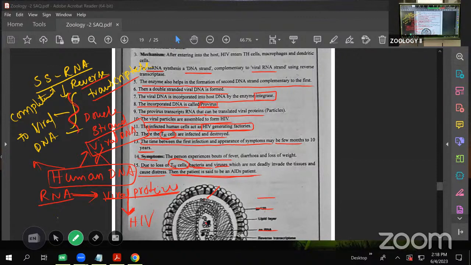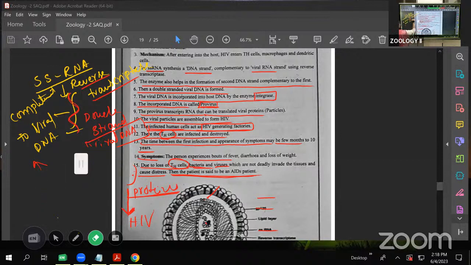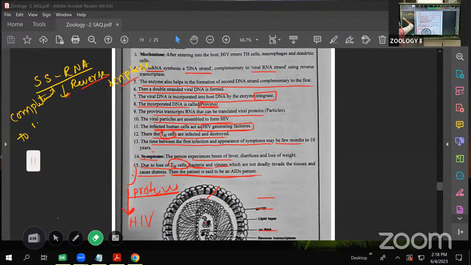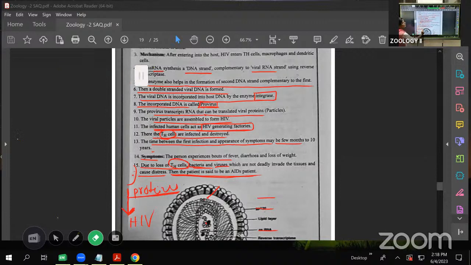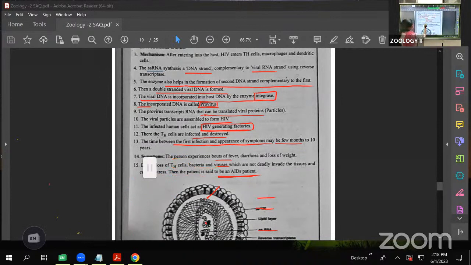Here, this is about HIV and AIDS. Next, we are going to the next lesson, genetics. In the reproductive system and reproductive health, no SAQs are there. That's why I'm taking the next unit, the 6th lesson, genetics.